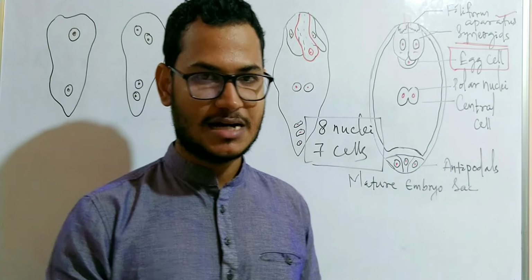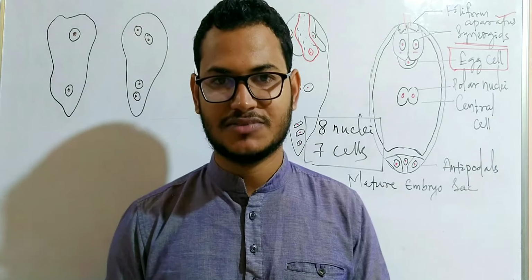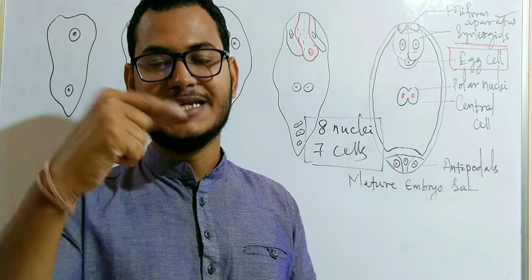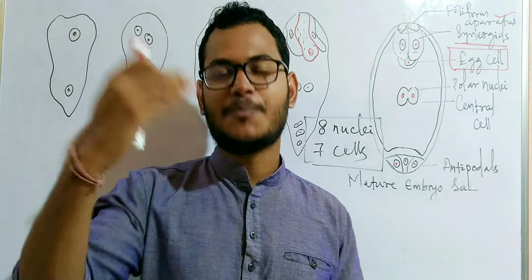Now we will discuss the structure of a mature embryo sac, how the mature embryo sac is formed. So first we need to know that the nucellus has certain cells at the apex region.